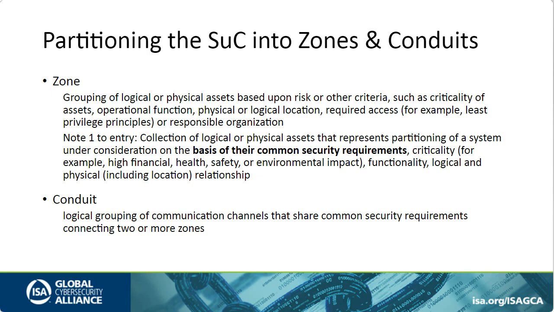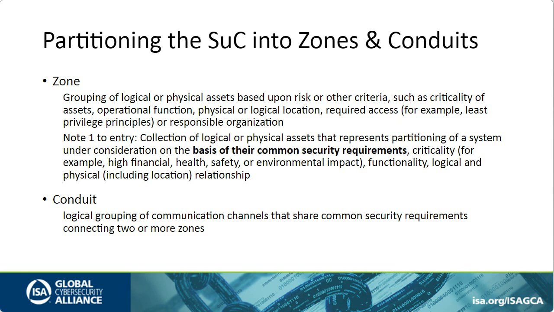So, for instance, if you're concerned about least privilege, to limit access, you don't want to include devices that require everybody and their brother to have access. You'd want to split those into separate zones, for instance.